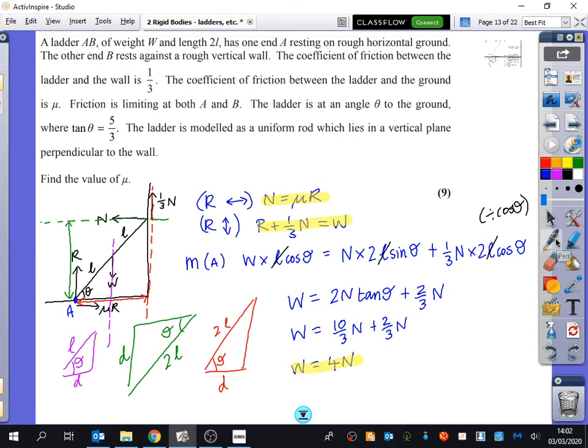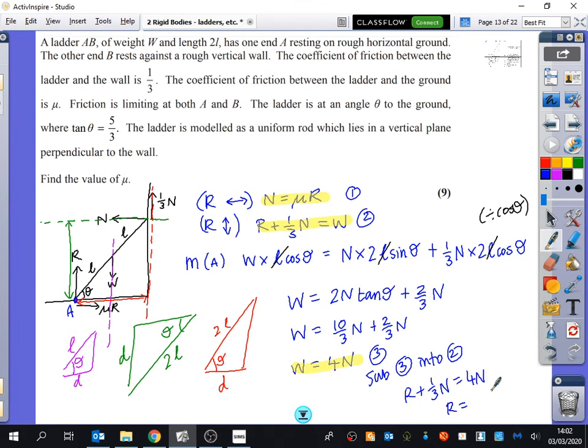Okay, so I just want to find out what mu is equal to. What do you think is going to be the best thing to do? I'm probably going to sub that in here. So if this one is number 1, number 2, and number 3, if I sub 3 into 2, I get R plus 1/3 n equals 4n.